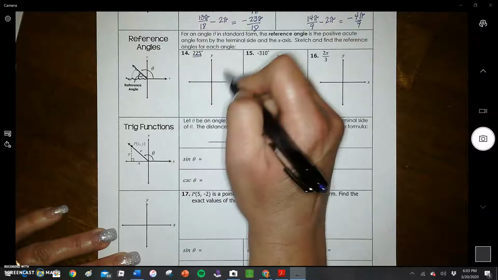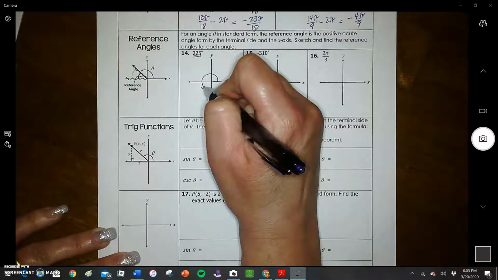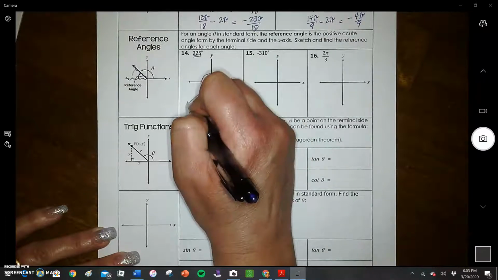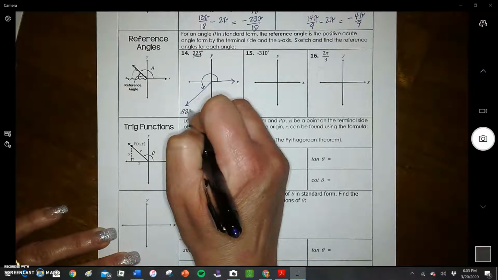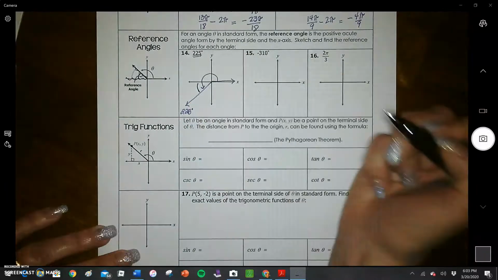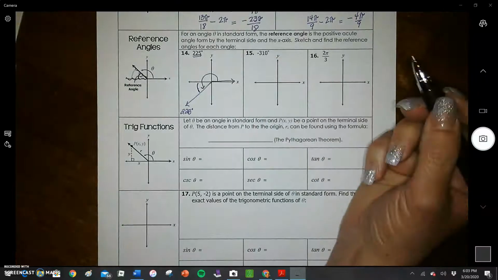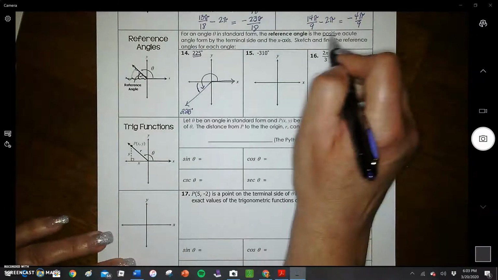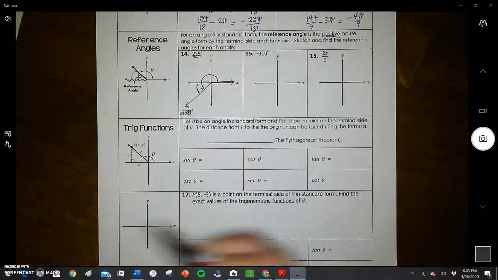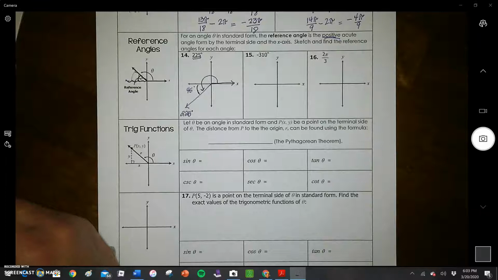So 225 degrees, if I start over here at 0 and I go around, I end up getting it right here. Okay, so this is 225 degrees. My reference angle is going to be this opening between the x-axis and my terminal side. And you always talk about it in terms of the positive acute angle, okay? And so this is a 45-degree opening.